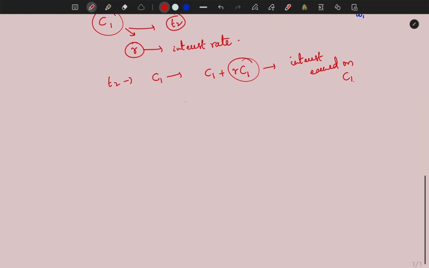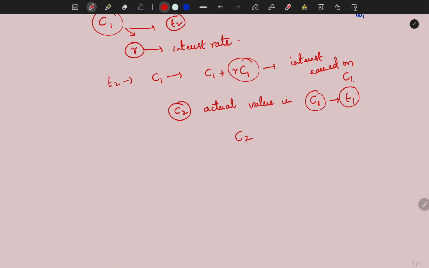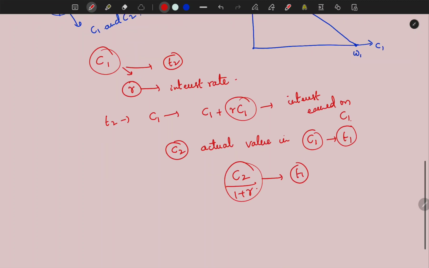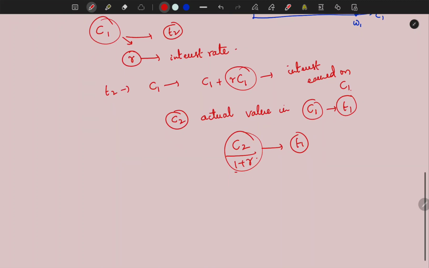Or if we talk about C2's actual value in time 1, it will be nothing but C2 divided by 1 plus R. Why? Because the value of this money at T1 is nothing but this much, right?